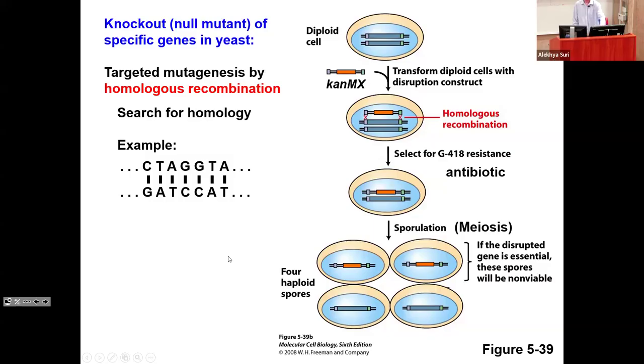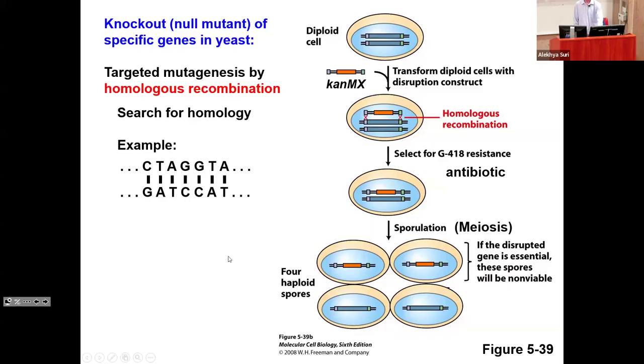In the third cell from the top, instead of the blue box you can see the marker gene, the orange box, so one copy is replaced.